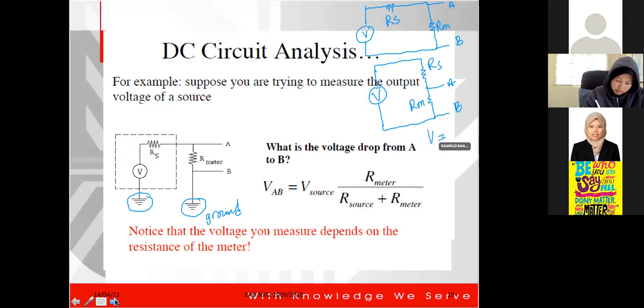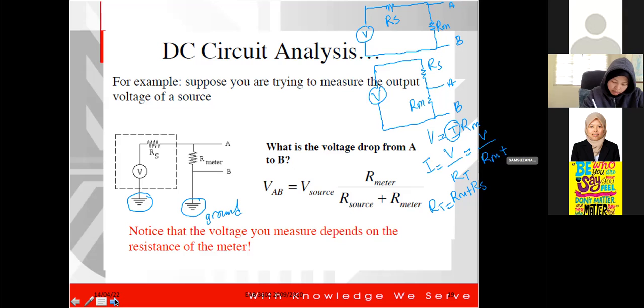V is equal to IR. We want V across AB, so we multiply by RM. Now we only need to find I. We know I is equal to V over R. What is the total R? Total R, RT, is equal to RM plus RS, because they are in series, so you just add the resistances together. So I is equal to V over RM plus RS.